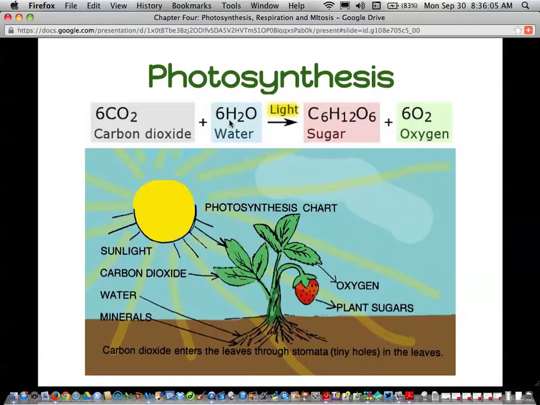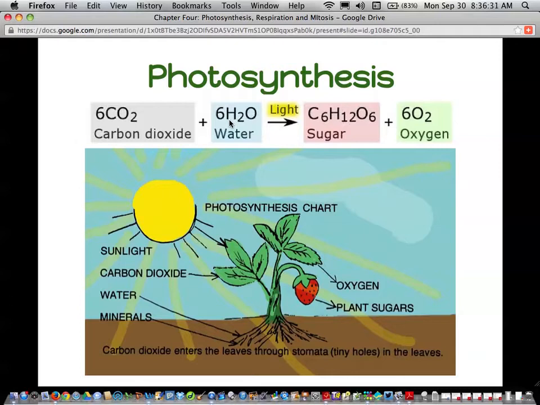As we mentioned at the beginning of class, that sugar, once it's produced in the chloroplasts, is transported all over the plant to power the energy that's needed in every cell of the plant, all the way down to the roots, through the stem, through the trunk, and so on. Oxygen is released as a byproduct.